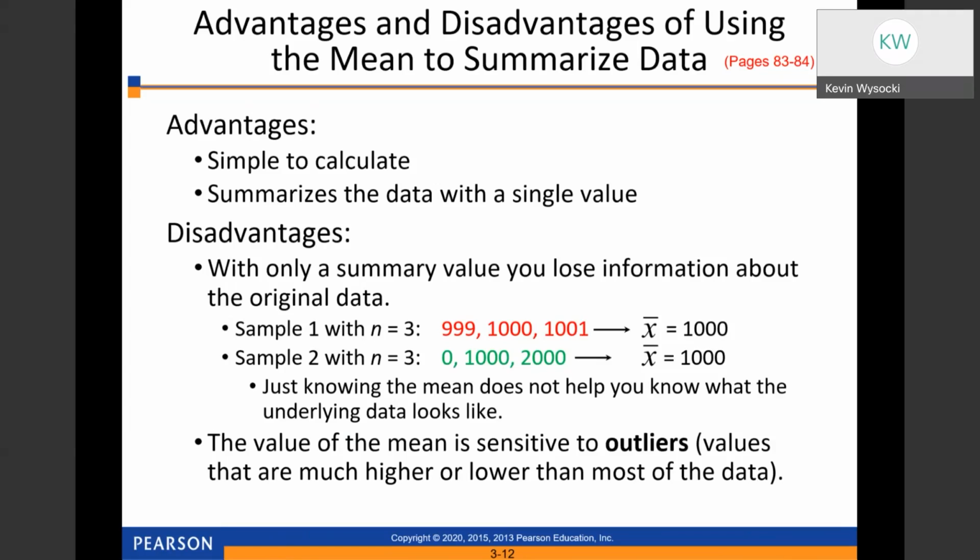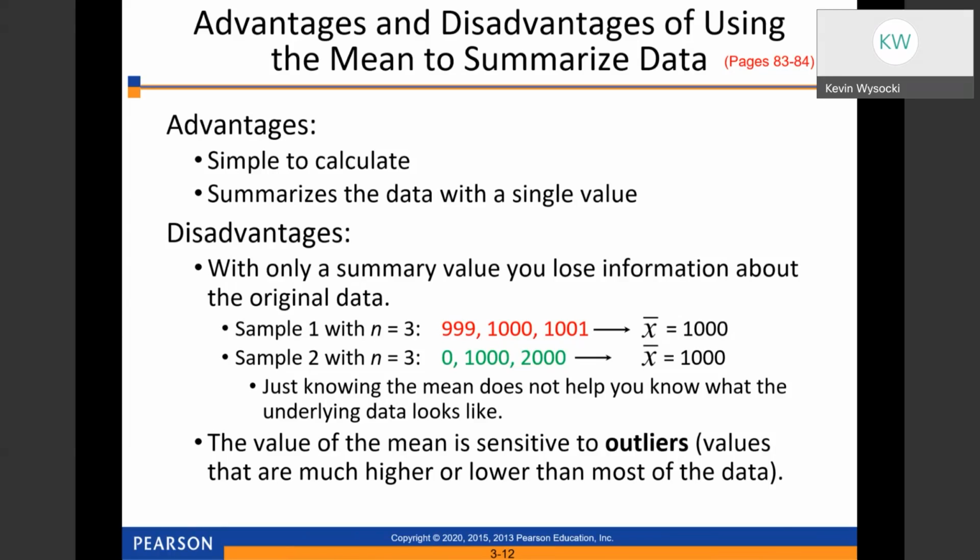The disadvantages are that with only a summary value, you lose information about the original data. They give you two data sets there. They both have sample sizes of n equals 3. One data set is 999, 1,000, and 1,001, and it has an average of 1,000.